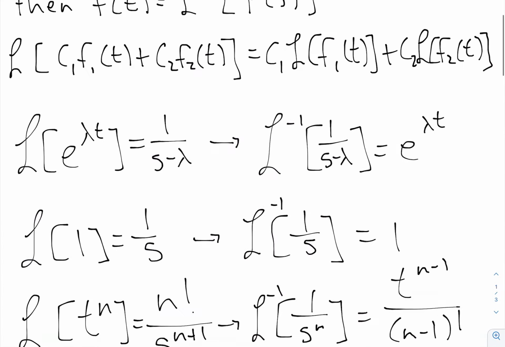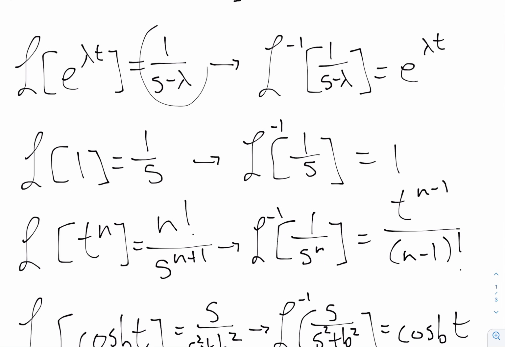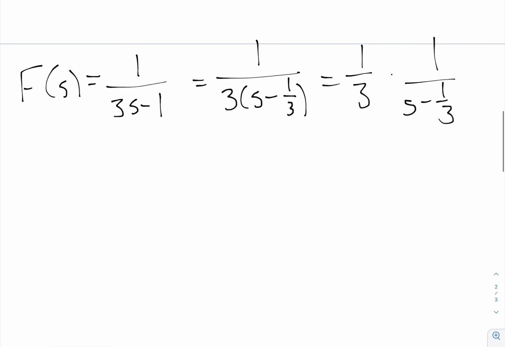So let's go back up here. 1 over s minus a constant, that's going to be e to the lambda t. So if we're starting on this side, taking the inverse Laplace of that, our lambda is just a third. So our answer is going to be lowercase f of t, and our lambda is going to be a third, so it's e to the lambda t, so e to the 1/3. I'll write the inverse Laplace of F of s.